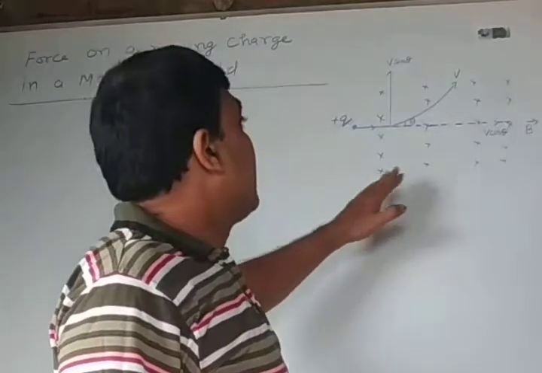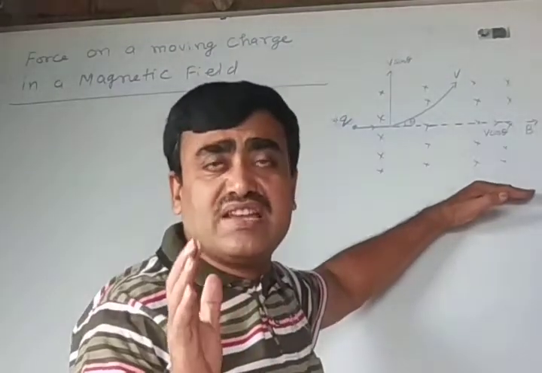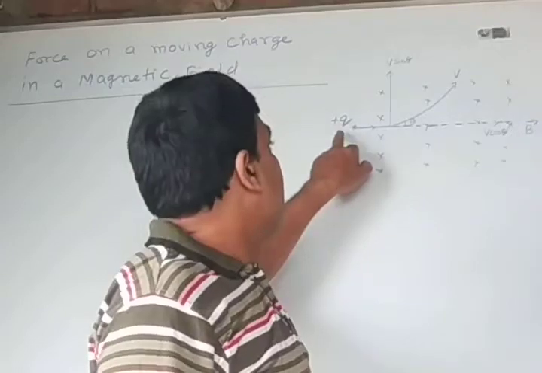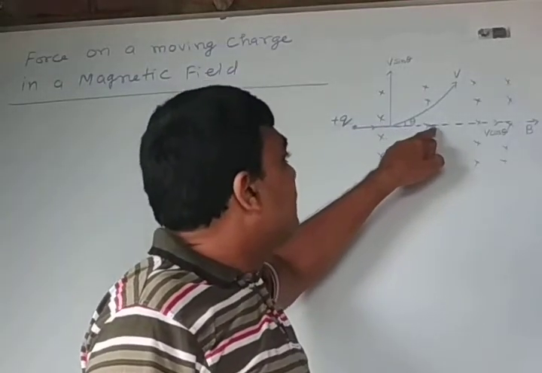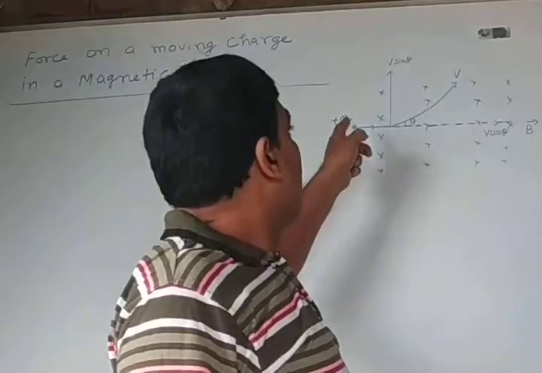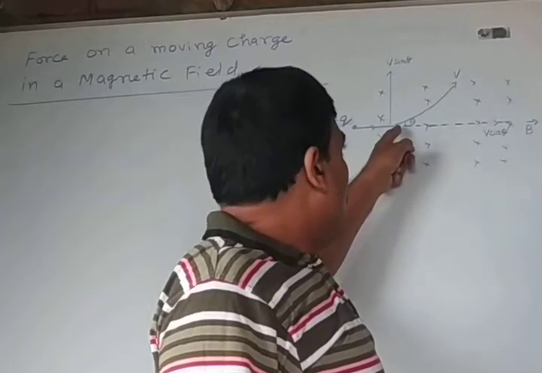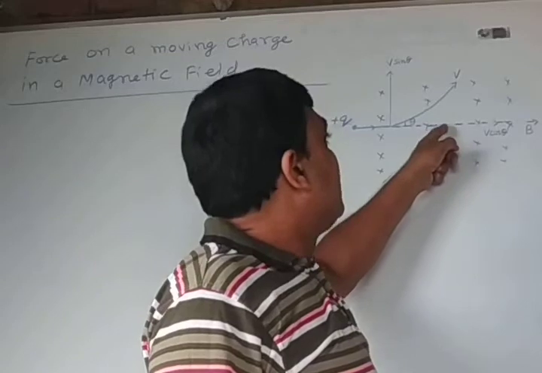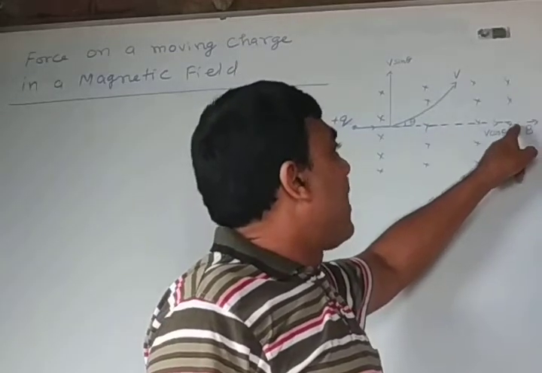If the magnetic field is not present here, then the charged particle goes in this straight line path without any disturbance.